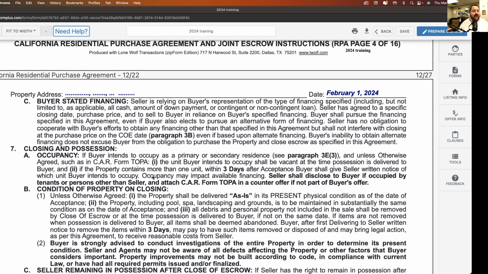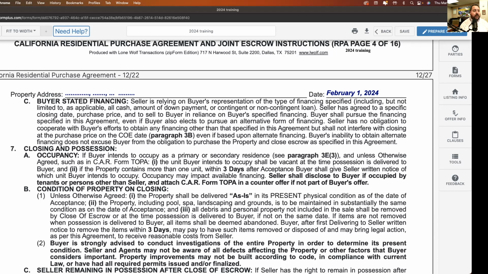Buyer stated financing. This is important for you guys to understand too. Seller is relying on buyer's representation of the type of financing specified, including, but not limited to as applicable, all cash, amount of down payment, or contingent or non-contingent loan. Seller has agreed to a specific closing date, purchase price, and to sell to buyer in reliance on buyer's specified financing.